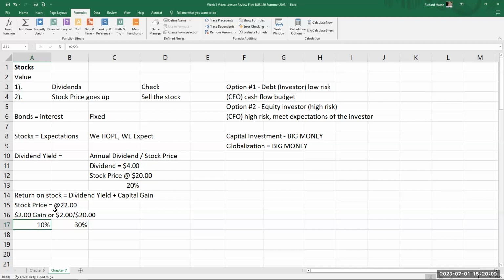Thus, my total return on the stock would be the 20% dividend yield and the 10% capital gain, or 30% return on investment. That's also calculated by taking the dividend of $4, the gain of $2, that's $6, and $6 is what percent of the original stock price? 30%.